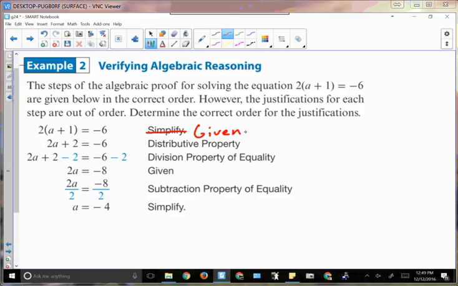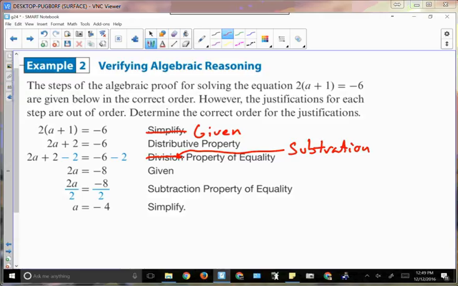Okay? So is the next rule appropriate? What should it be? Subtraction. So division shouldn't be there. This should be subtraction right there. Okay? Is the next rule correct?